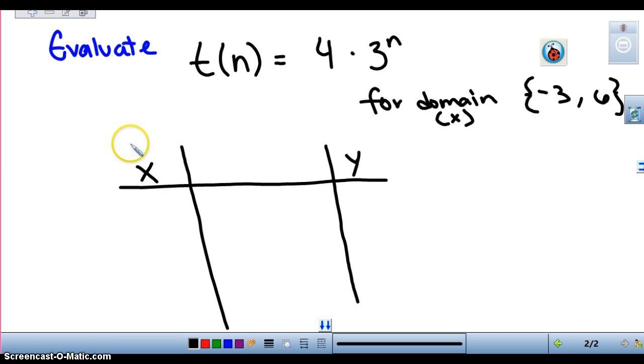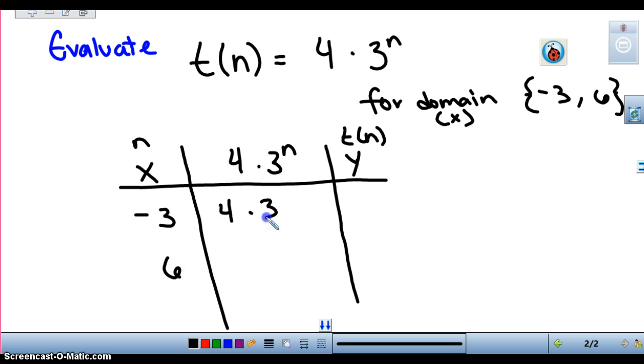So we can say x is going to be n, t of n is the same thing as y, 4 times 3 to the n power. So we want to know what y equals when x is -3 and when x is 6. So we're going to say 4 times 3 to the -3rd power, and 4 times 3 to the 6th power.